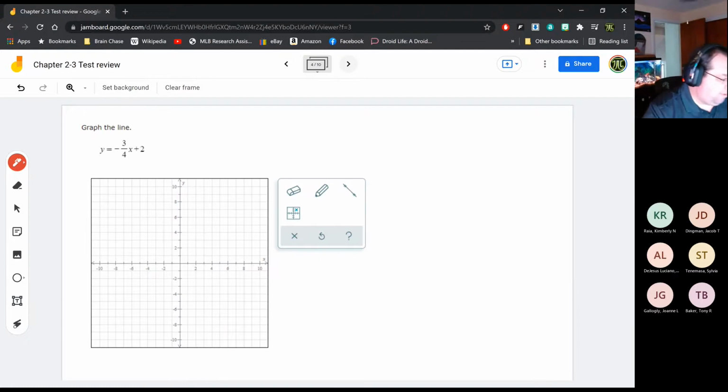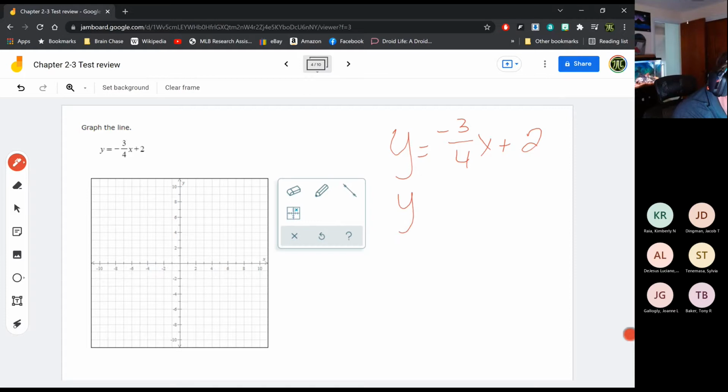All right, now let's get into a few graphing problems. So when you're graphing, remember we're looking back at the y = mx + b. b is my y-intercept. In this case, my b is 2. So I'm going to put a point on the graph at 2.